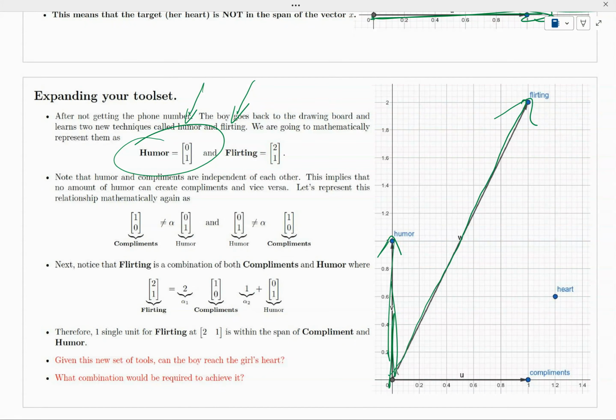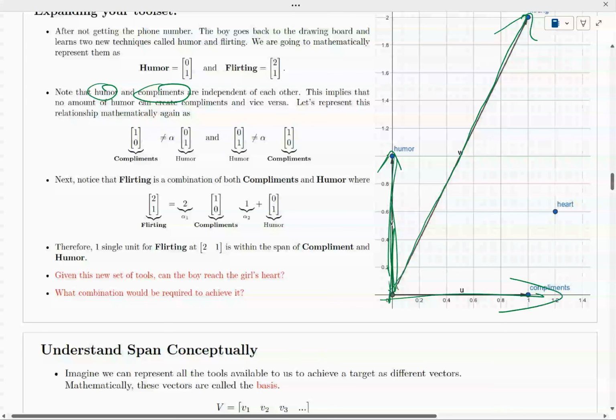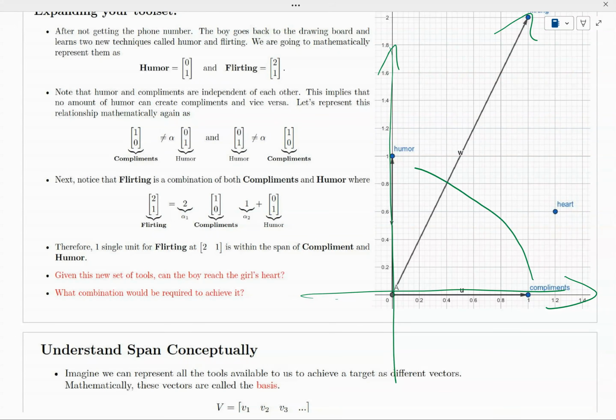So note that humor and compliment are independent. Compliment is going this way, humor is going this way. This implies that no matter how much humor you have, you can never create a compliment. And vice versa, no matter how many compliments you have, you can't create humor.